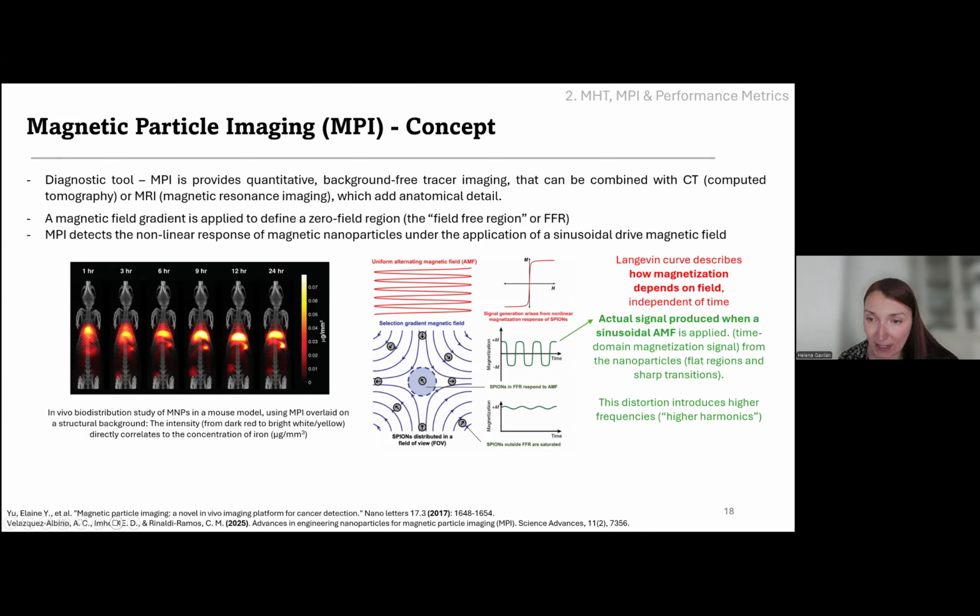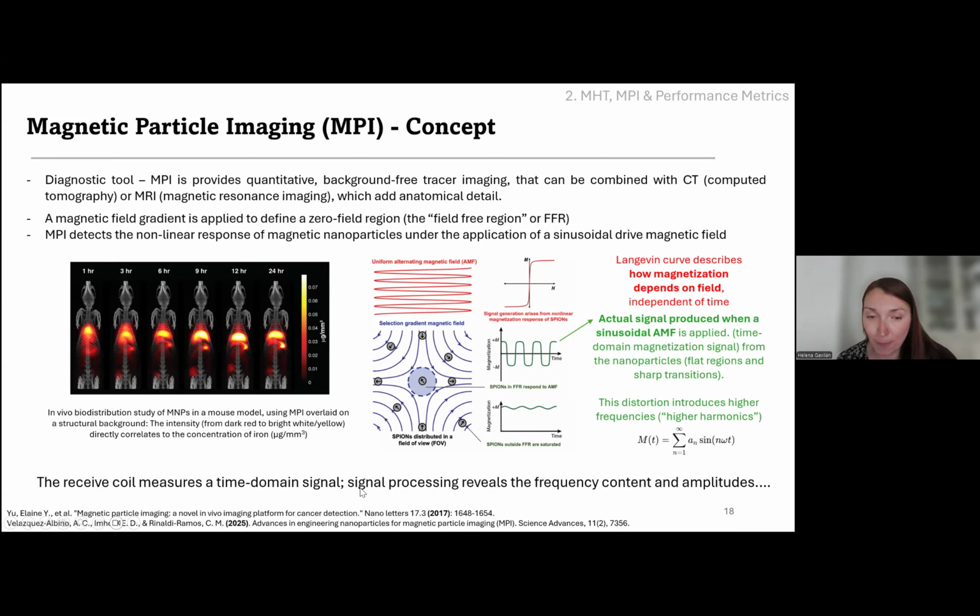And then this is the actual signal that would be produced after the alternating magnetic field is applied in this region. So we would excite only these particles, and we see that it is different from the alternating magnetic field. We will have some flat regions in the signal and some sharp transitions. This is the distortion that introduces the higher harmonics, okay?